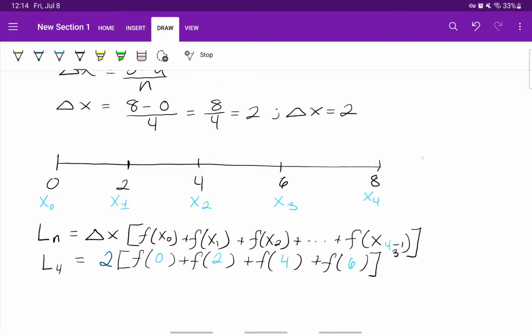Remember, our function f of x equals x to the third power.